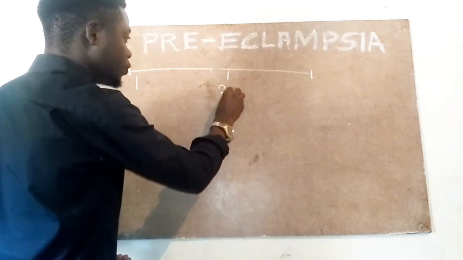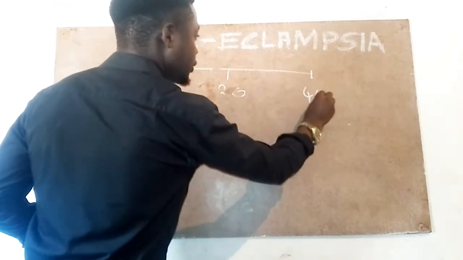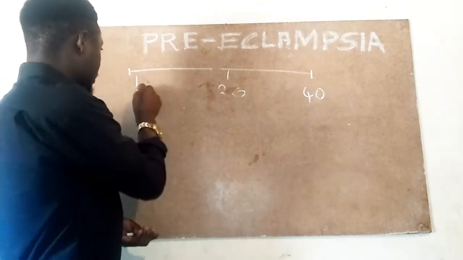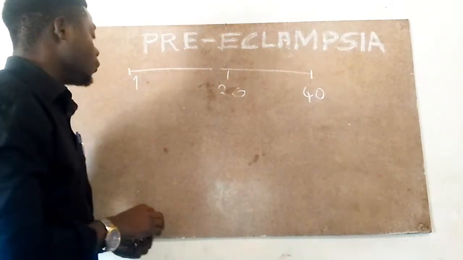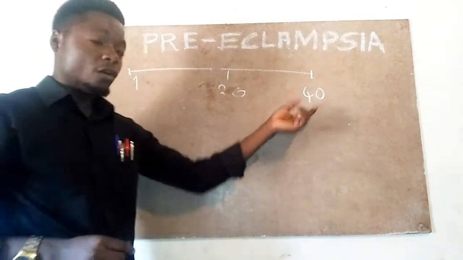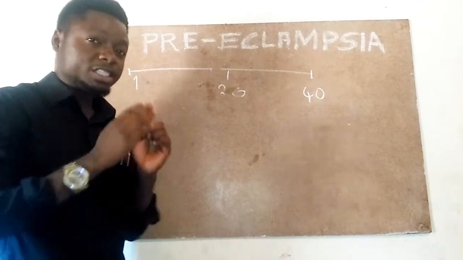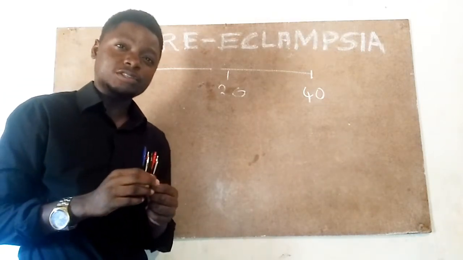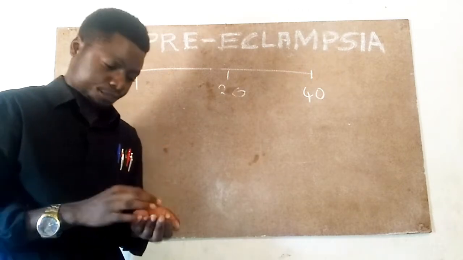So here we have 20 and 40. Now, these numbers represent weeks. So we have the first week of gestation up to 40 weeks of gestation, particularly because a normal pregnancy can go up to 40 weeks of gestational period.